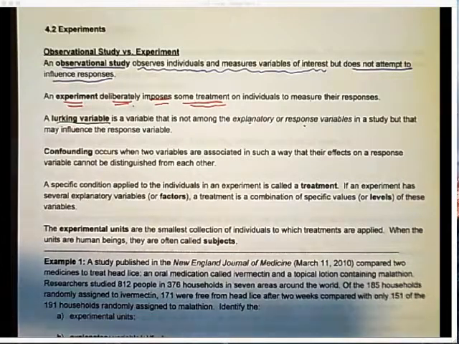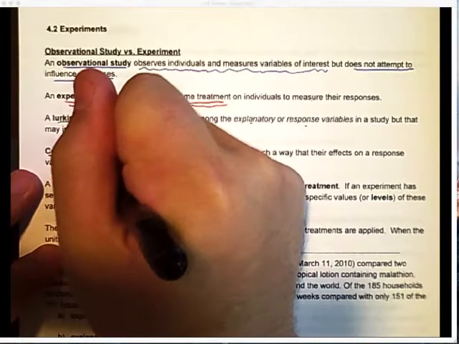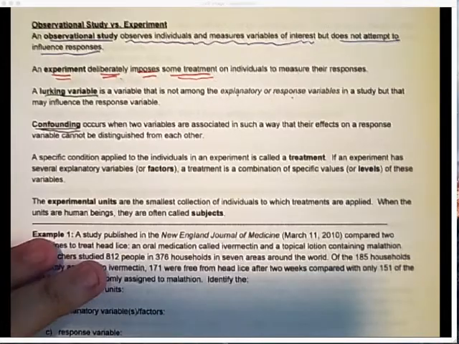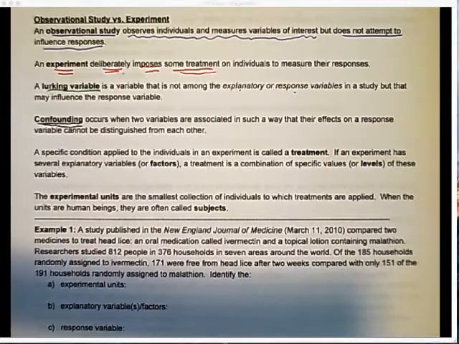And the effect of lurking variables is called confounding. Confounding occurs when two variables are associated in such a way that their effects on a response variable cannot be distinguished from each other. So you might have two variables causing something, but we don't know which one has more to do with the response variable.